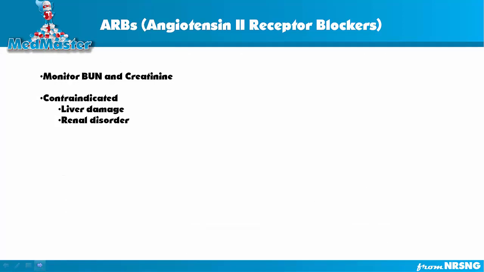Now, since this medication is going to reduce the blood flow to the kidney by decreasing the blood pressure and by decreasing the blood volume, you want to really monitor the BUN and creatinine in order to assess kidney function.